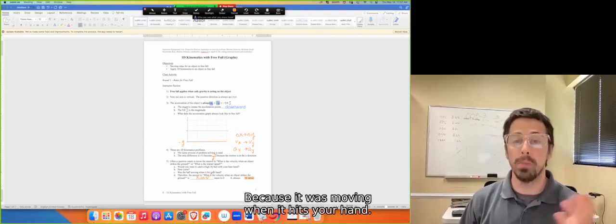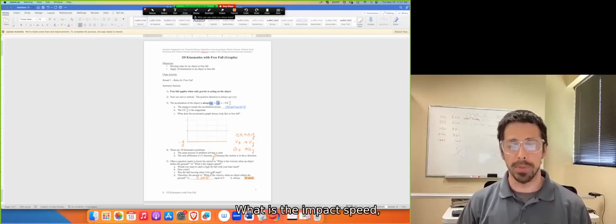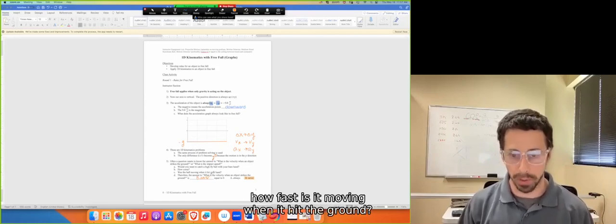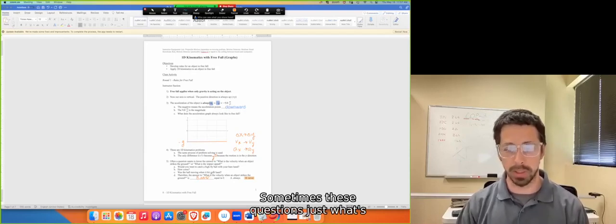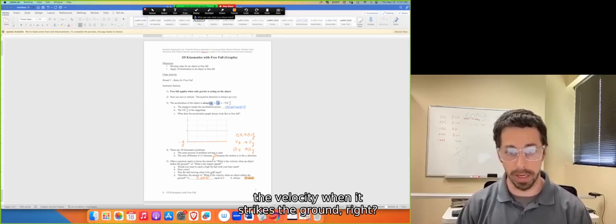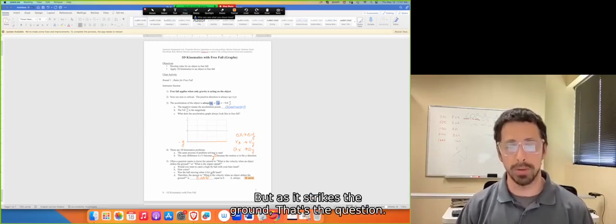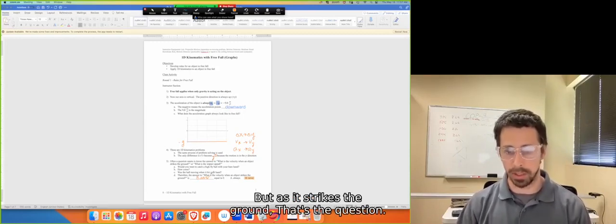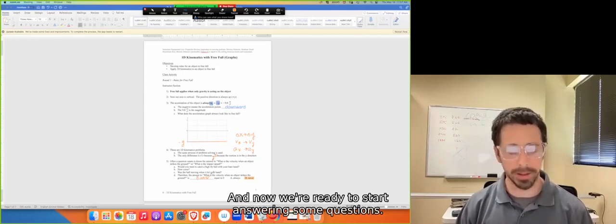Why? Because it was moving when it hit your hand. That's the question that we're trying to ask. What is the impact speed? How fast was it moving when it hit the ground? Sometimes these questions just state what's the velocity when it strikes the ground, not after it strikes the ground, but as it strikes the ground. That is all the rules for free fall. And now we're ready to start answering some questions.